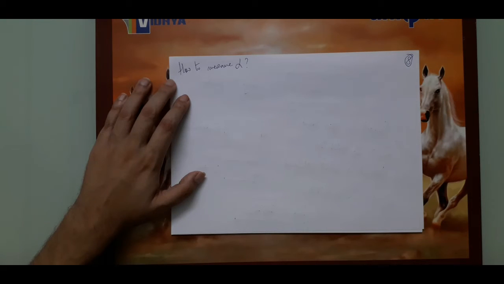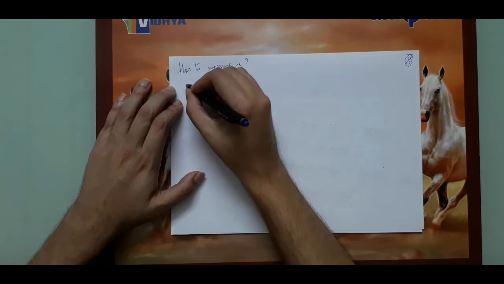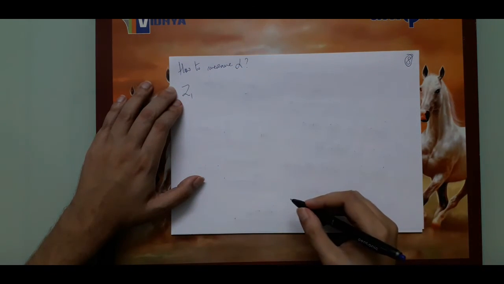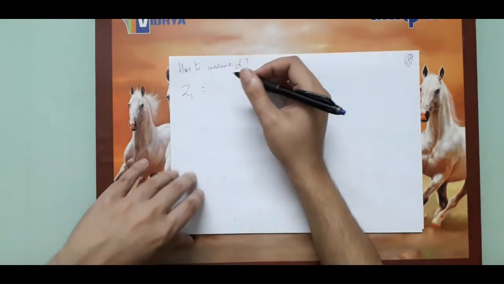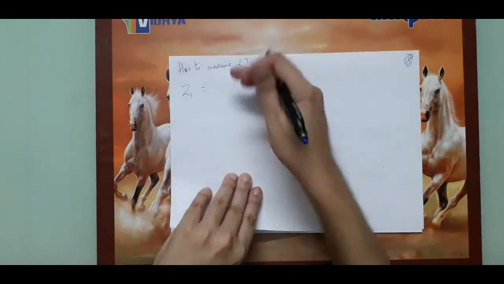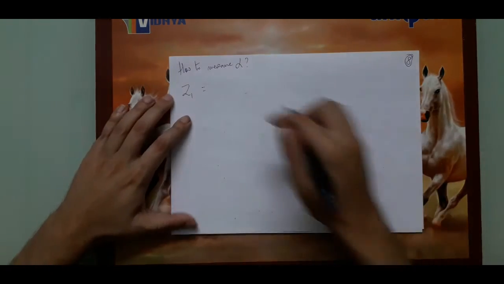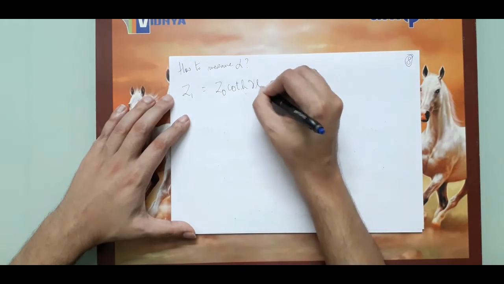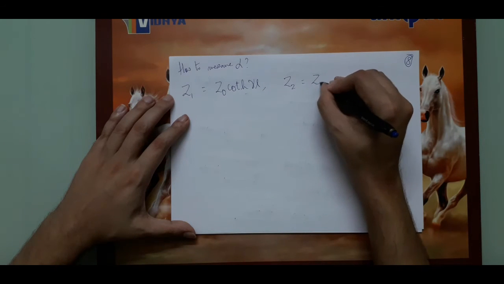So in this case, what I can do, I already know the two quantities which I have measured using open load and short load. My Z1 was for an open load, and Z2 for a short circuit load.